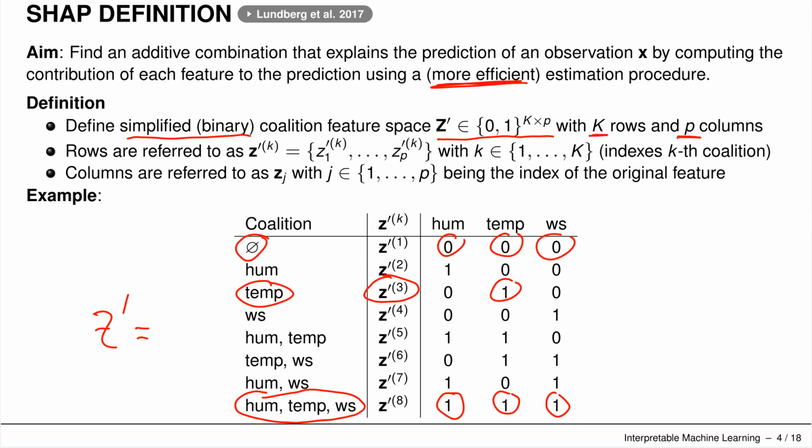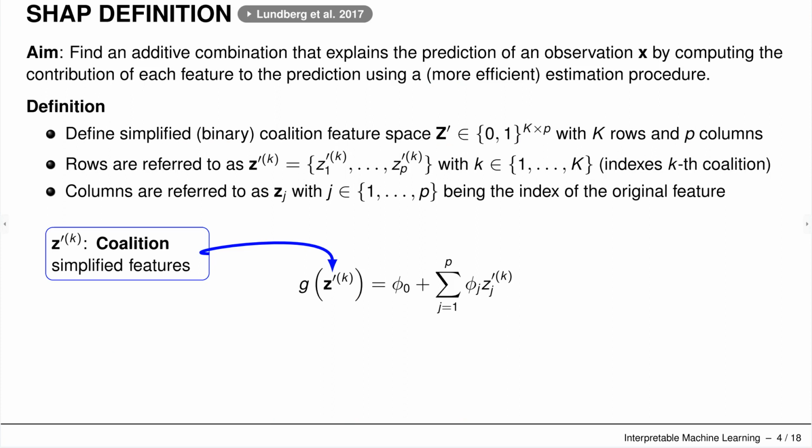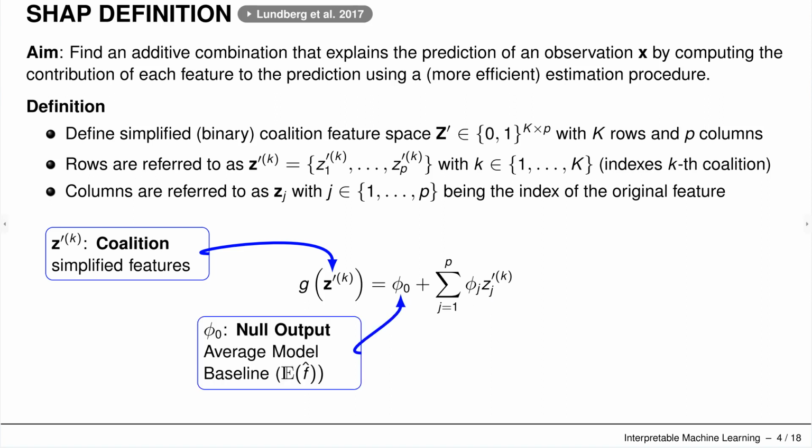And we'll use the rows of this matrix in a way that we take a coalition, so that's one row of that matrix. And now we have that additive combination of our expected value and a multiplication of SHAP values with the rows of that matrix. So this is the null output, so the expected value.